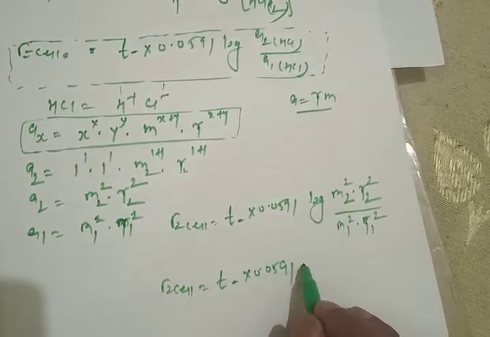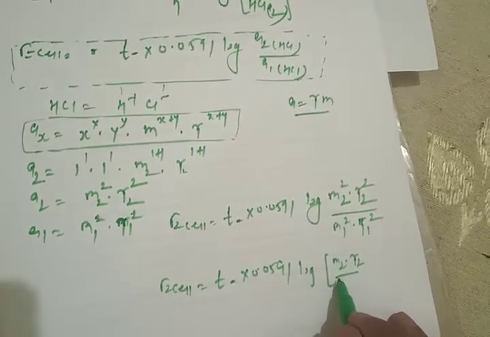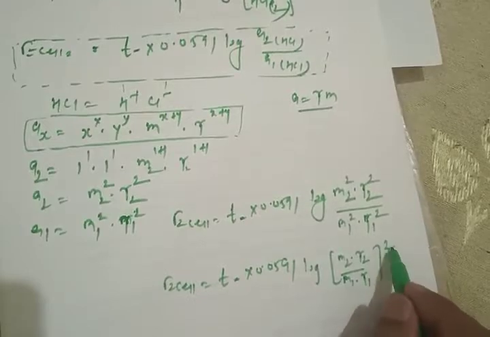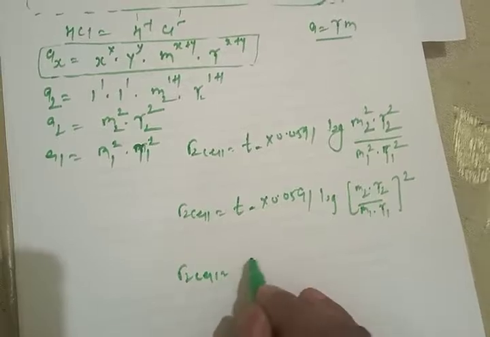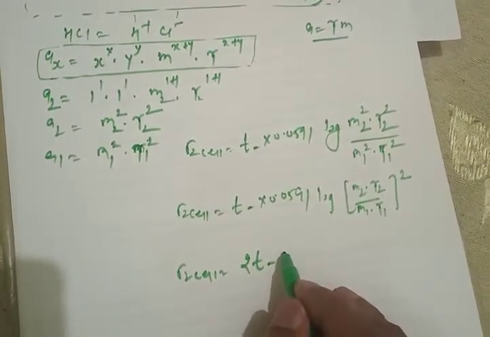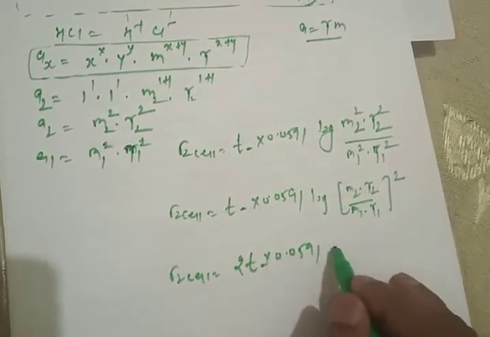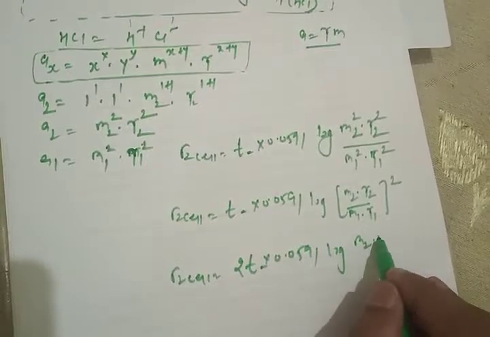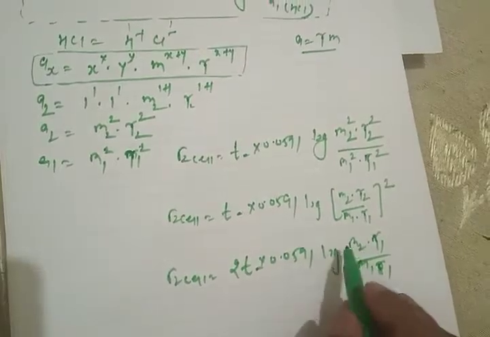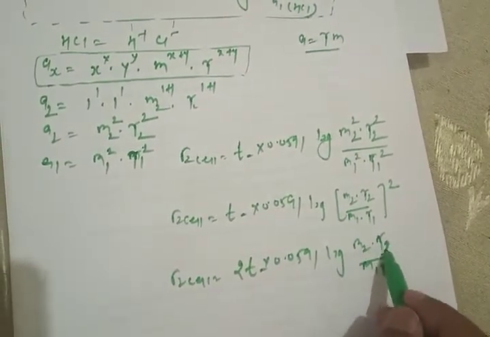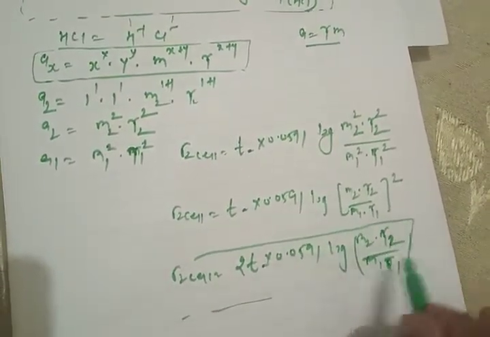This up to this level is also correct. Log M2 gamma 2 over M1 gamma 1, to the power 2. This power will come to this side. So E cell is 2 T minus 0.059, this is multiplied, log M2 gamma 2 over M1 gamma 1. This is your final equation.